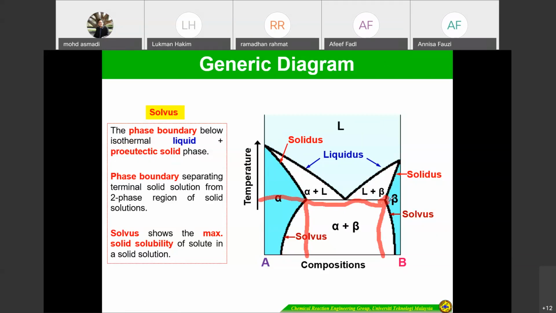Actually, for the eutectic we also have a three-point. We call it the eutectic point here. For the general phase diagram also they have a three-point, right? The degree of freedom is equal to 0. Similarly, this one is also degree of freedom equal to 0.